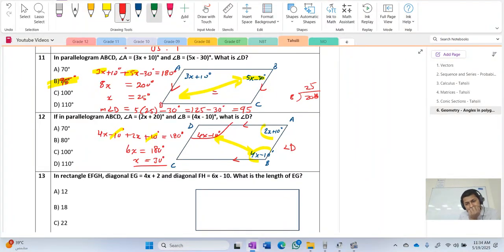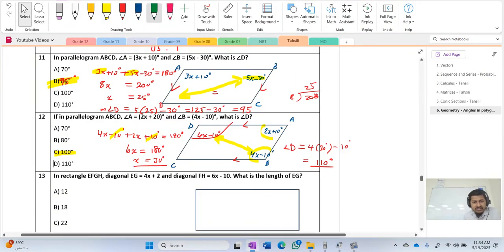In a rectangle EFGH, we got diagonal EG is 4x plus 2. So diagonal, let's see, we need to check which one is the diagonal.